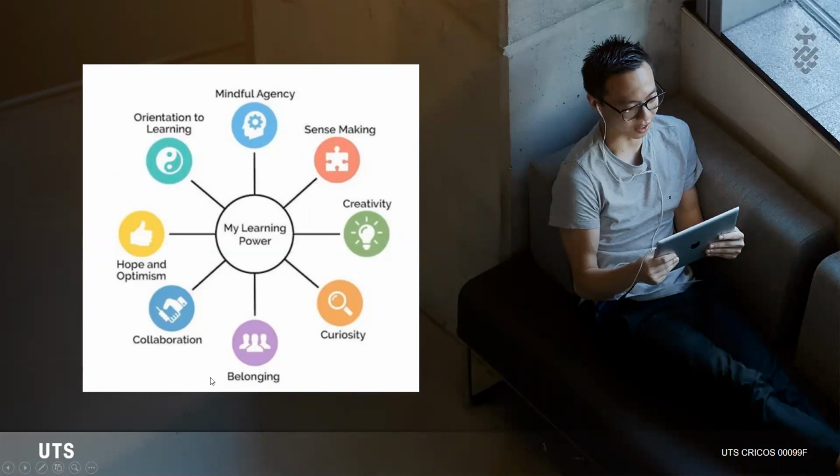The next one you can see is collaboration, and that's about, well, how do I work with other people? We know in engineering teams, those collaboration skills are really important, and I need to be able to work with a variety of different people.